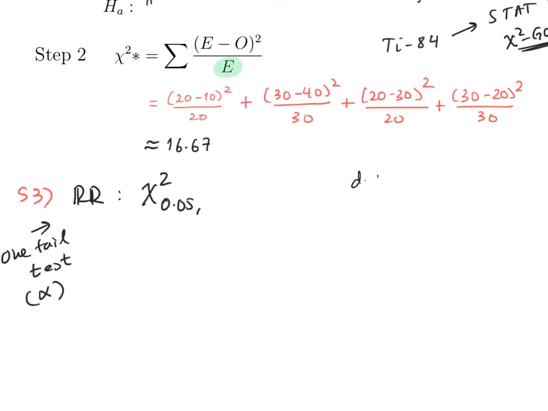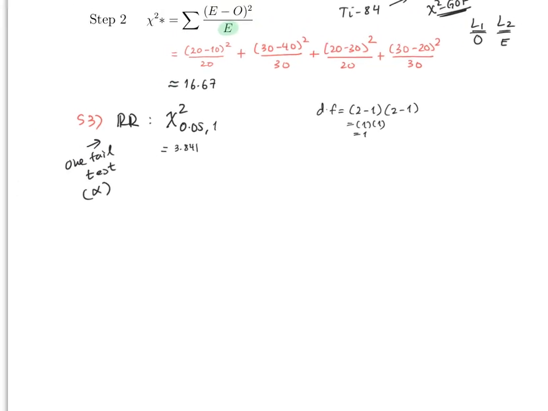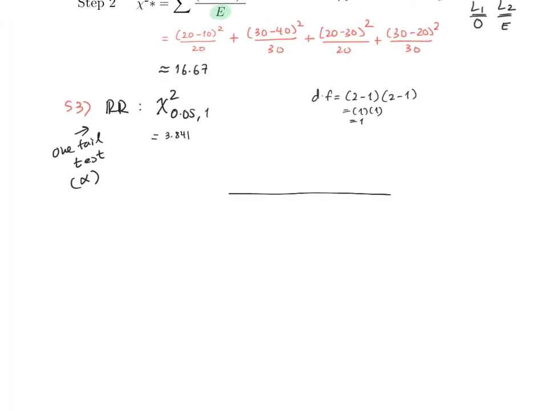And remember, the degrees of freedom is the number of rows minus 1 times the number of columns minus 1, which is 1 times 1, which is the smallest number you can get for degrees of freedom. So this is equal to 1. Then you look to the table, this is 3.841. Then, just like before, you have to draw the rejection region.